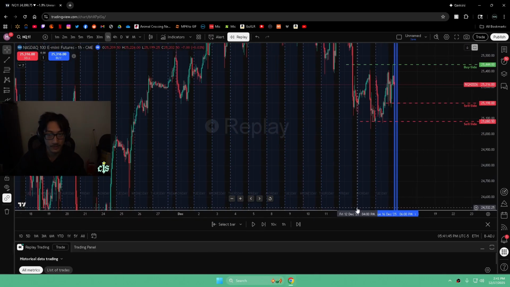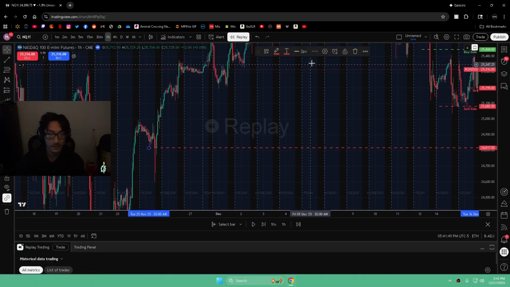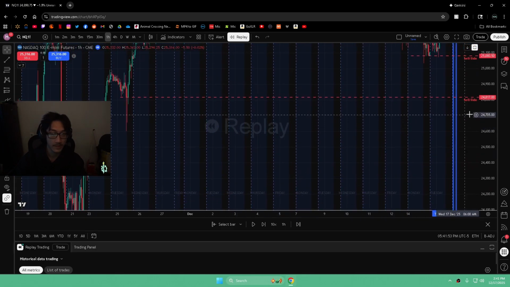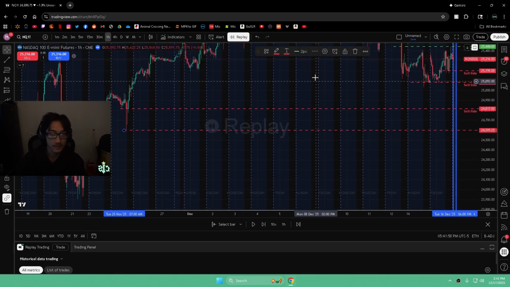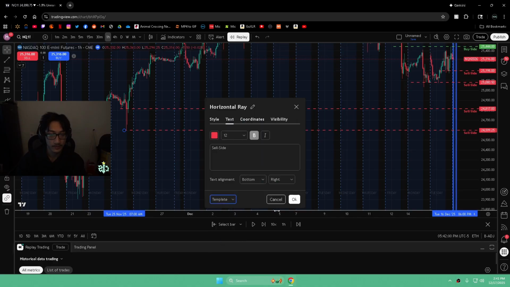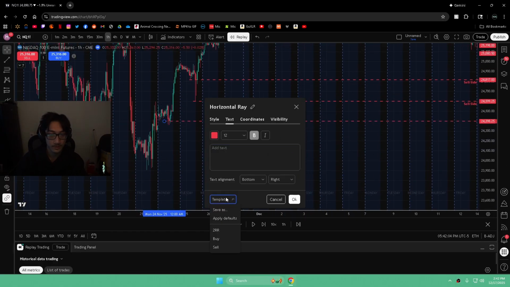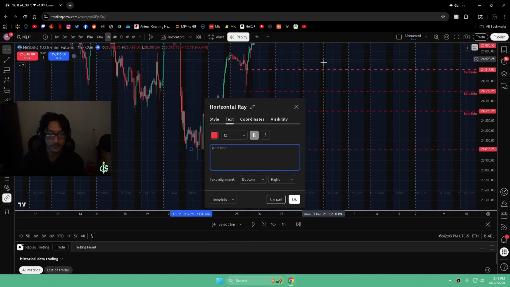Okay, now looking further back, we have these equal lows. And we have this huge wick, so I'm just gonna mark the end of this wick as sell side. Then these equal lows, and these relative equal lows right here.